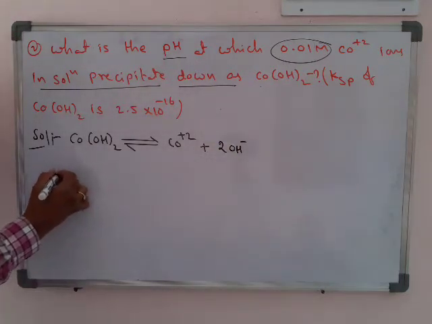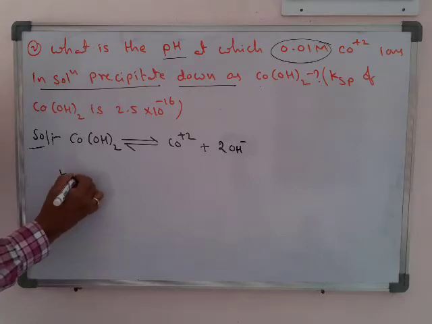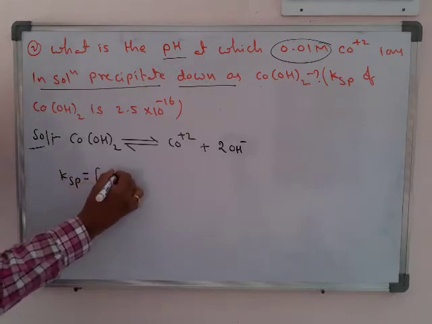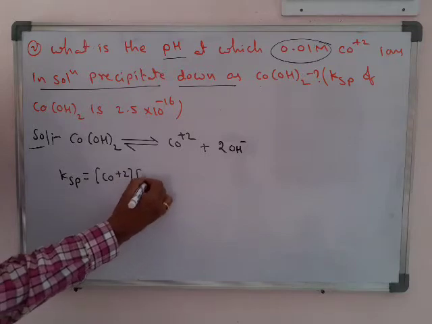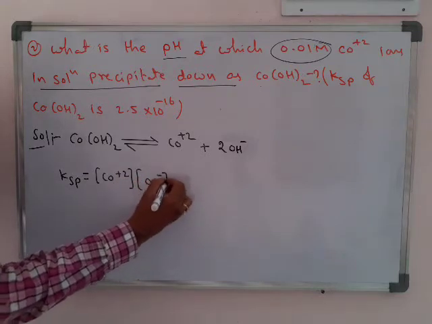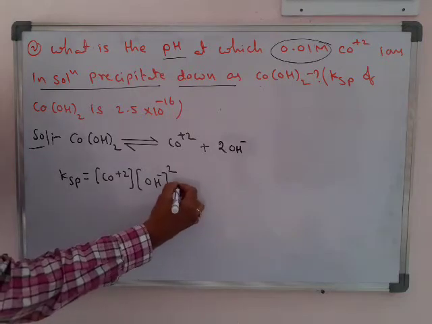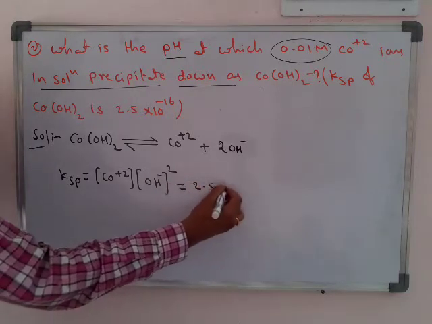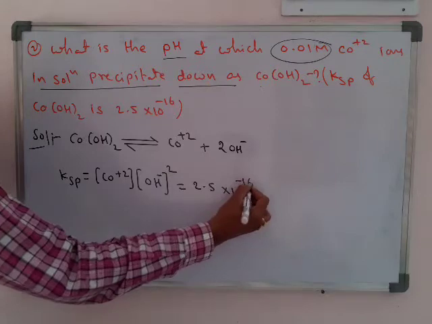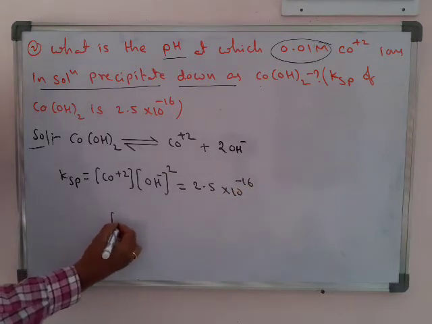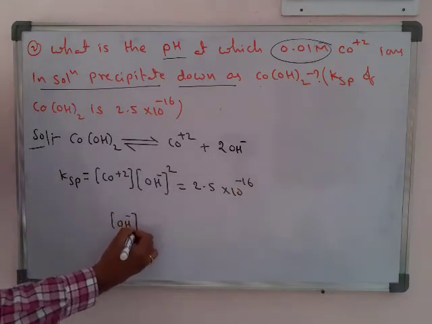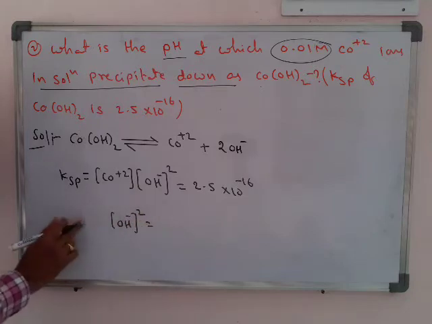So the KSP is given. What is the KSP? Co plus 2 concentration times OH minus concentration squared. Its value is already given: it is 2.5 into 10 power minus 16. To calculate the pOH, we must know the OH minus concentration.